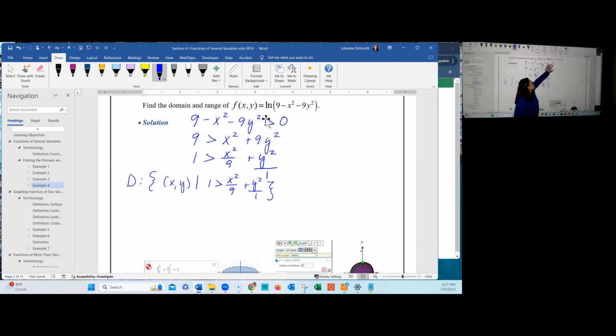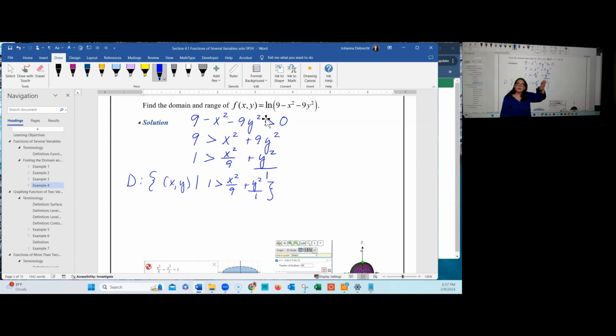Well, if we look at this, we know the argument has to be strictly positive. In order to make this a positive number, what could I do? Well, one thing I could imagine is what if the x and the y were both zeros? If they're both zeros, then I'm not subtracting from the 9 anymore.